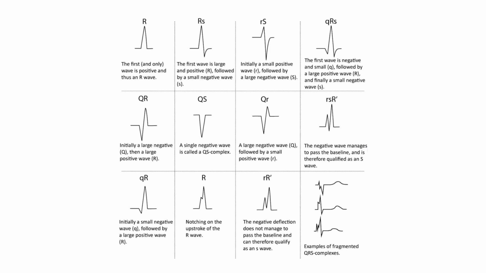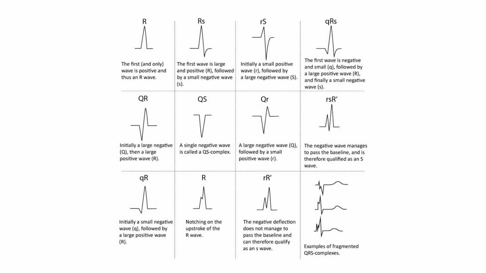So we can see here that the first downward wave is called the Q. Then the upwards one is called the R, and then when it goes below again, it's called the S. So that's the normal QRS. But there's all sorts of differences here, so that's why we need to know this terminology.